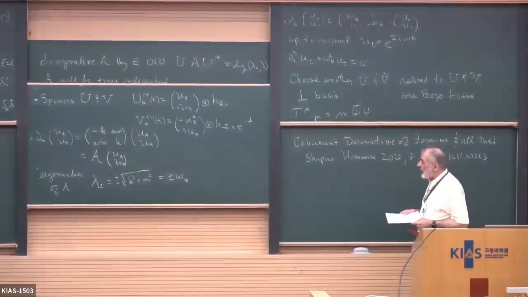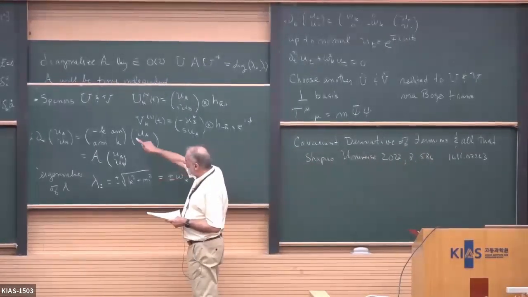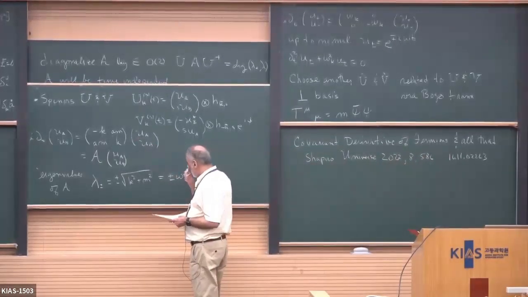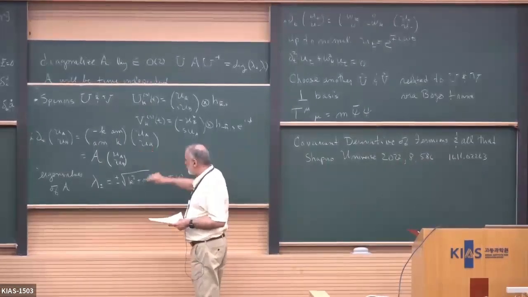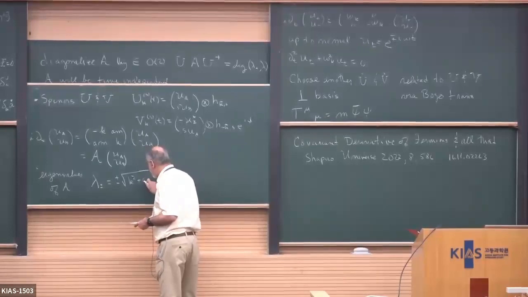And again, you can diagonalize this. The eigenvalues of this matrix are the same as Minkowski space, except now it's A squared M squared.